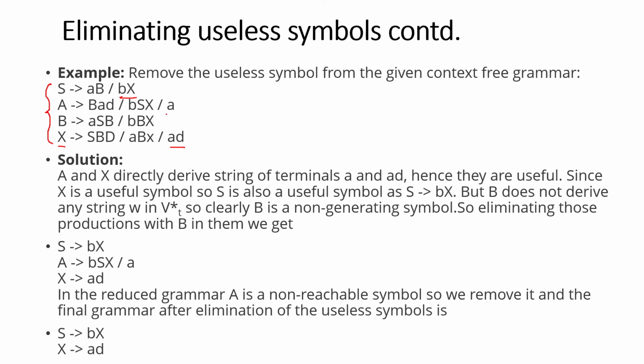That means surely B is a non-generating symbol. B is not generating any combination of steps by which it can reach some terminal string. That means what can I do? I can simply eliminate the symbol B from the production rules.